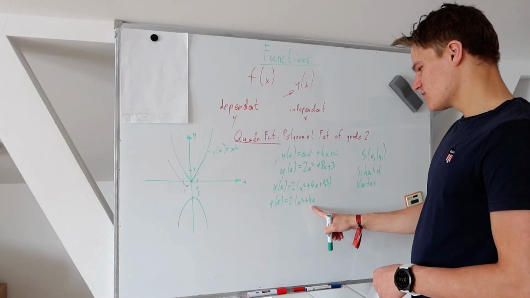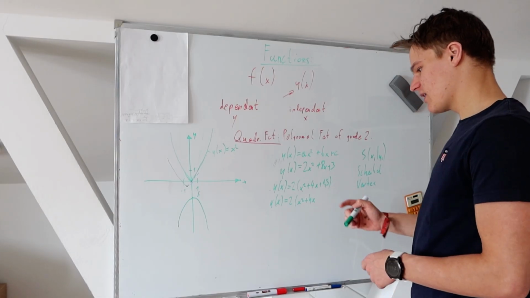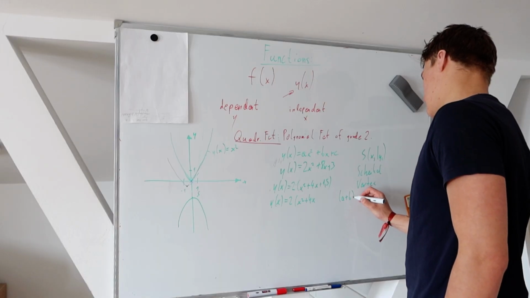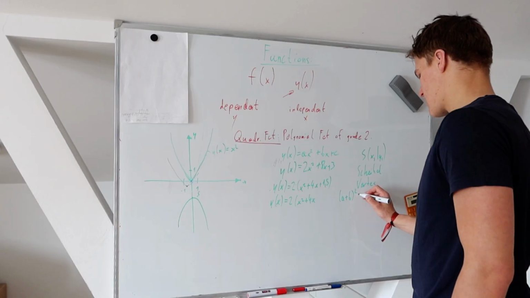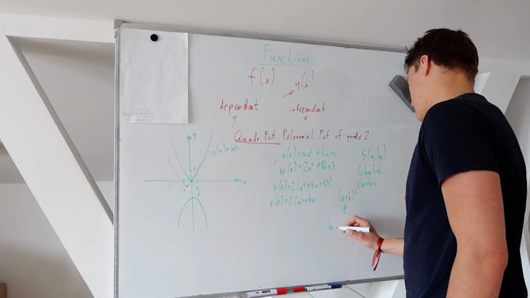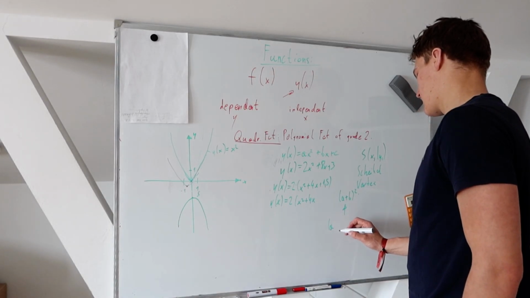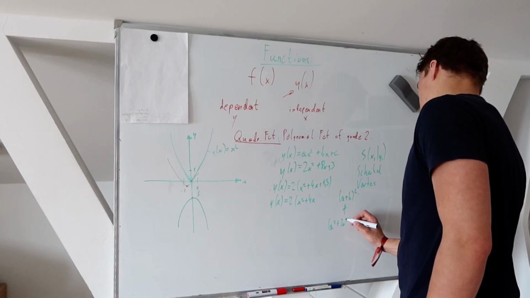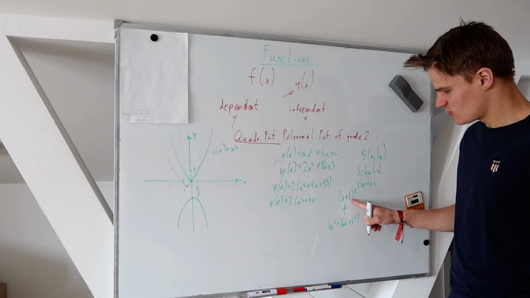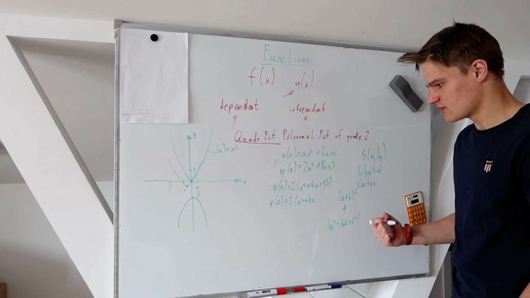We want to go from this form plus something else without an x to this form, a plus b squared. We're going from a squared plus 2ab plus b squared. We go from this to this, right? How do we do this?